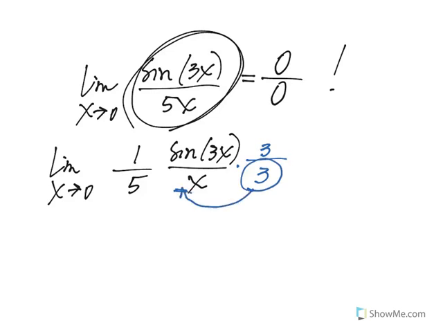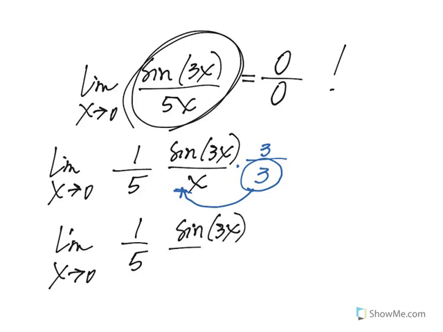I'm going to move that 3 right here. So this gives me the limit as x goes to 0 of 1/5 times the sine of 3x all over 3x, and that leaves me 3 over 1 there, because that 3 moved from underneath the other 3 over to underneath the sine of 3x.